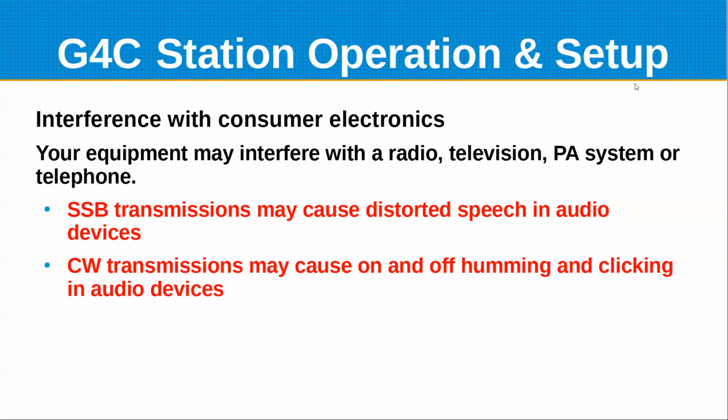Okay. Operation and setup. If you have interference with radios, TVs, audio systems like public address or telephone, it might be due to your equipment, which can cause distorted speech in the audio of all of those devices.